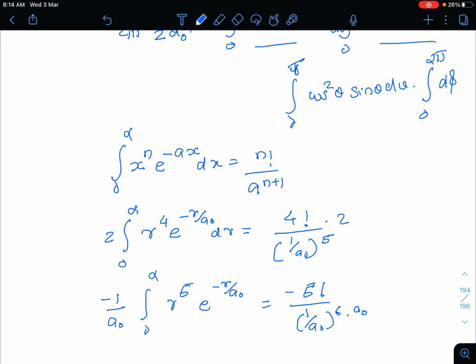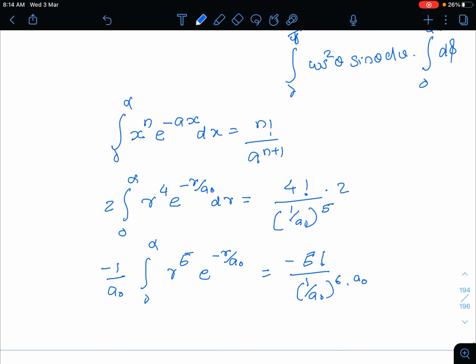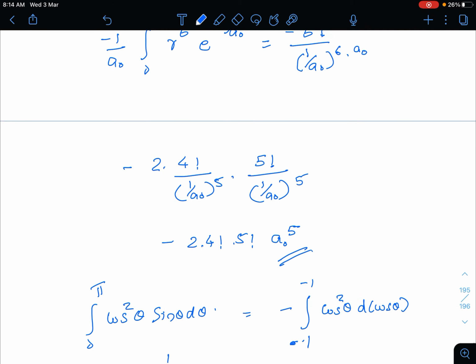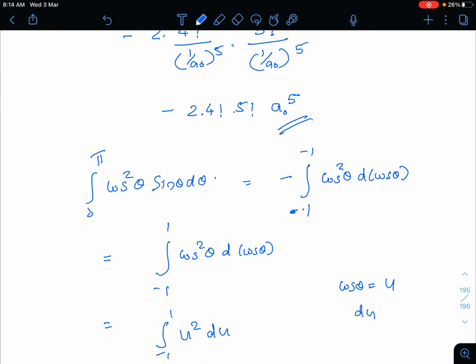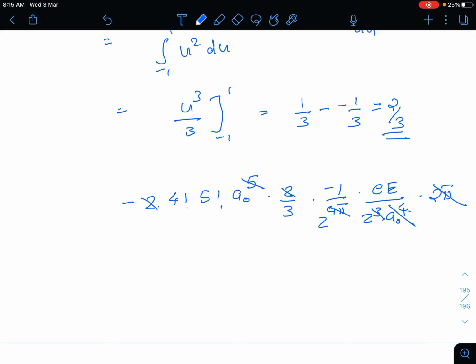I think the integral is okay. One minute, I'm sorry for the delay. Yes, that integral is correct, so this is all correct. So what remains here? 4 3.